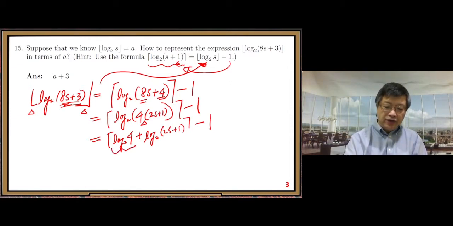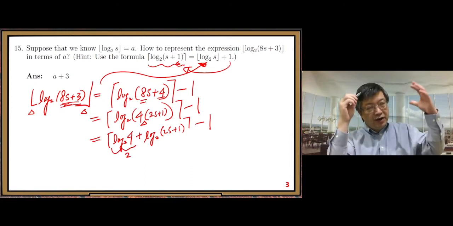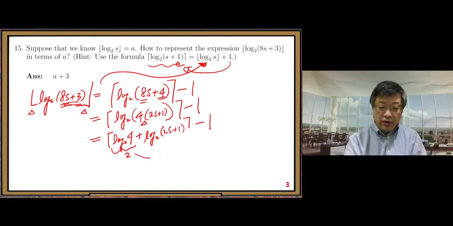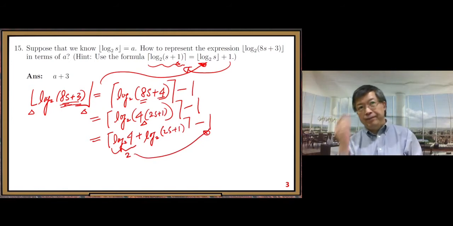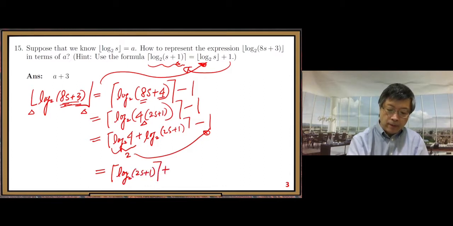This is 2, right? 2 inside the ceiling function is an integer. We can take it out and combine it with that -1. So after we simplify it, we will get 2s plus 1 plus 1, because plus 2 minus 1 plus 1.